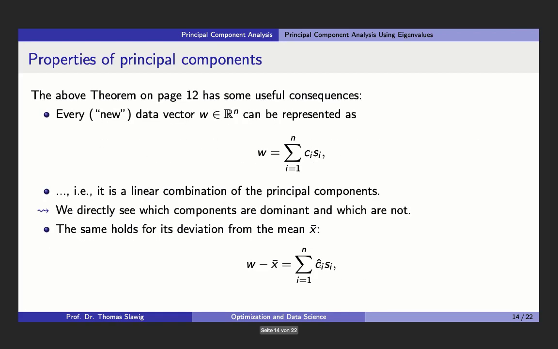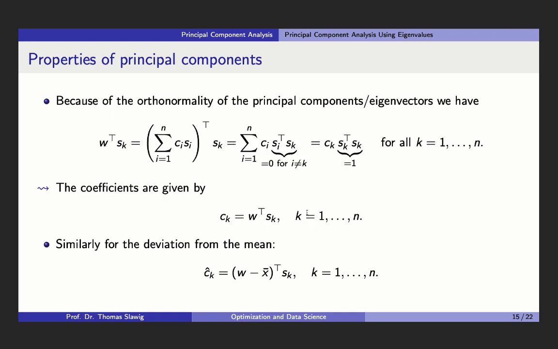And the main question is now, of course, how can I find these components? But this is not very difficult, because if I apply the scalar product of this new data vector with one of the principal components, or the eigenvectors, I can just insert this representation here, and then by just transposing, I transpose the Sk.